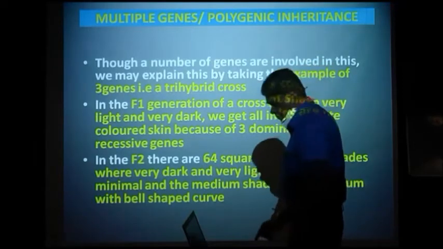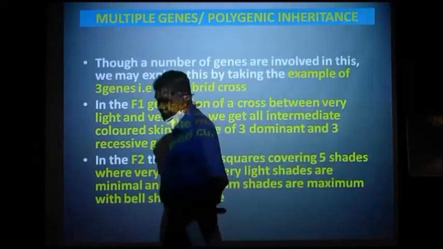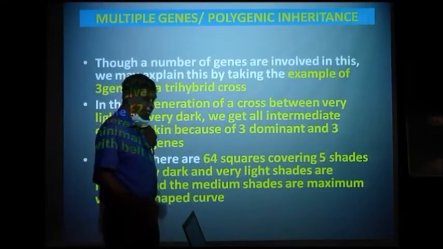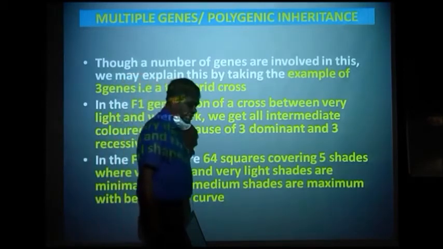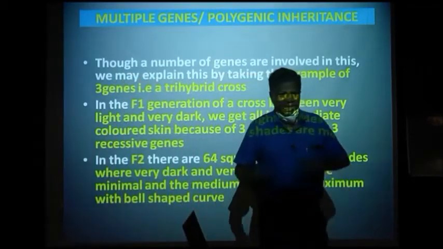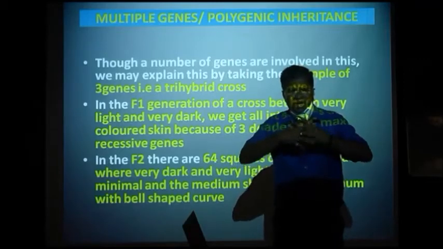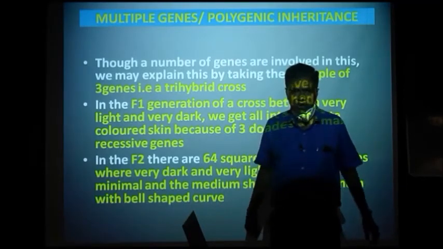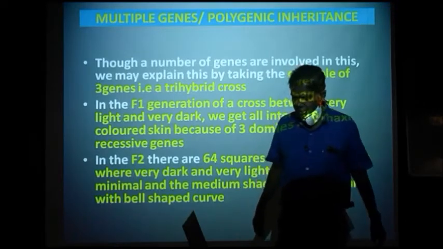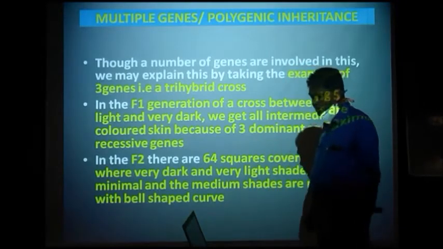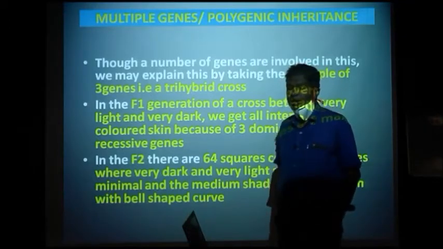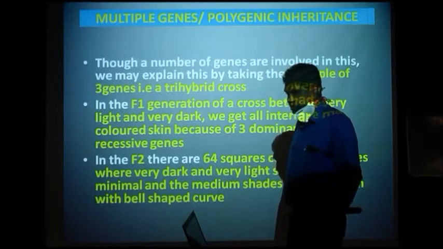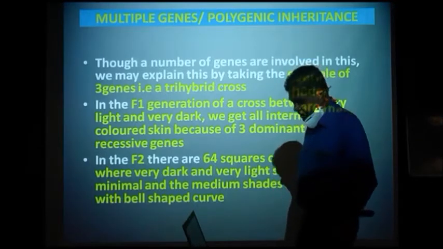Now, the best example of polygenic inheritance or multiple gene inheritance is human skin color. In humans, there are very fair people and there are very dark people. This skin color in man is a character which is expressed by multiple genes, that is a polygenic condition.